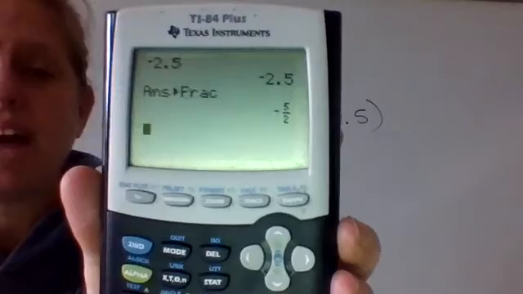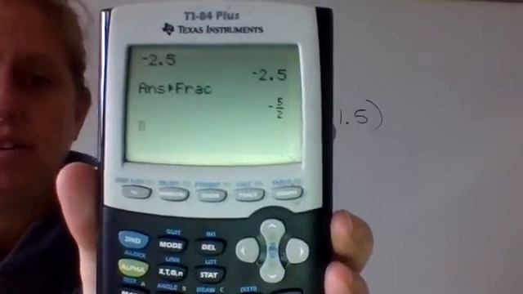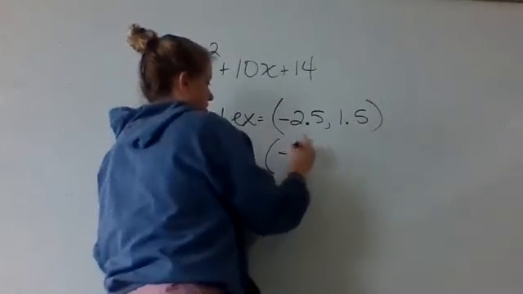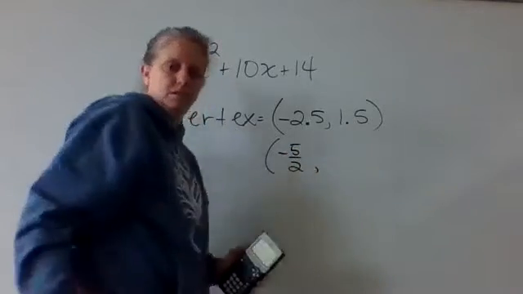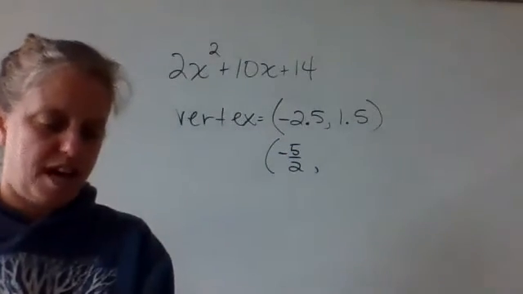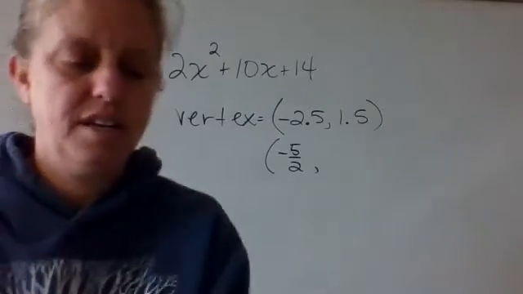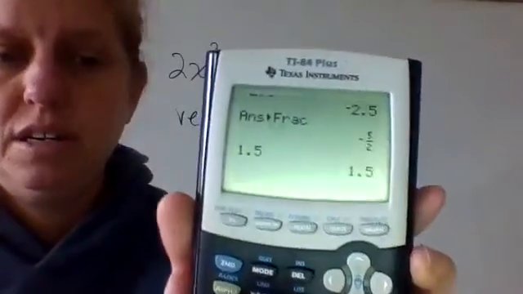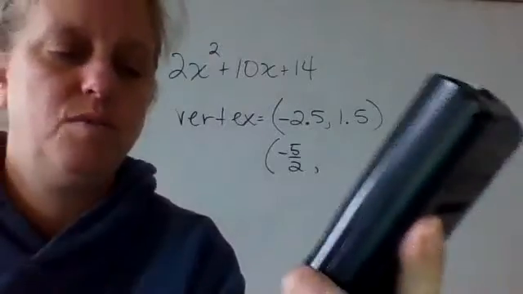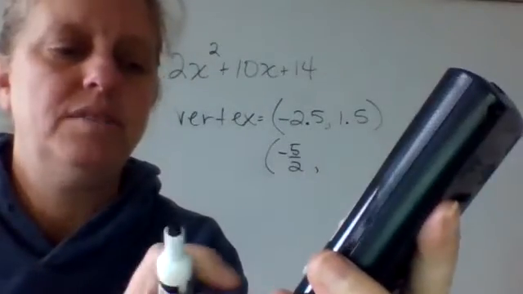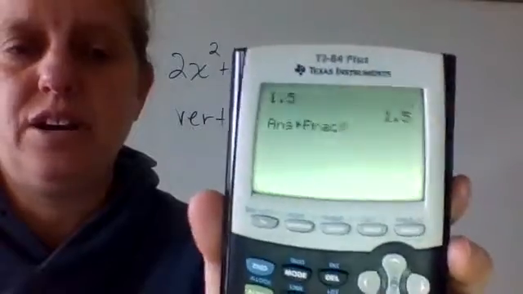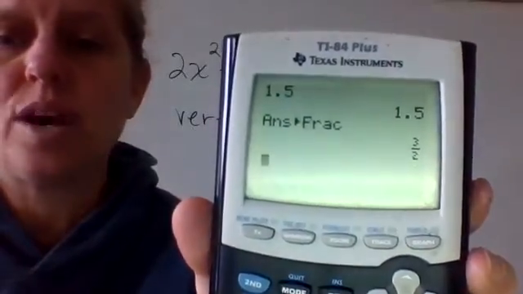So negative 5 halves will be the fraction part of that. So let's find the other one. 1.5, enter. Then math, oh, what happened? Oh, I cleared it. 1.5, enter. Then math, enter, enter that to see that that is 3/2.